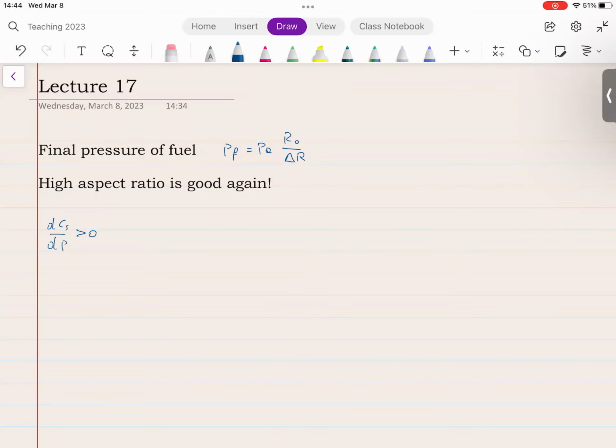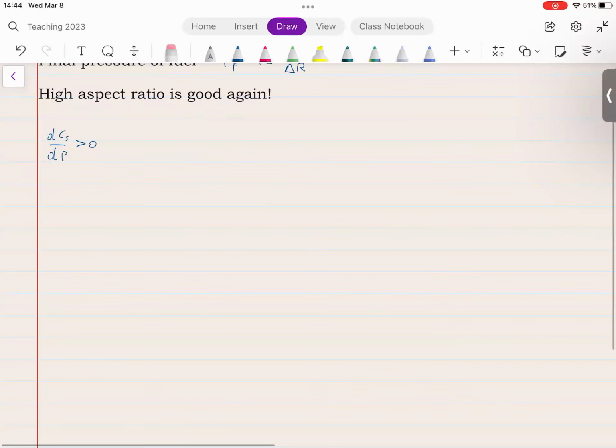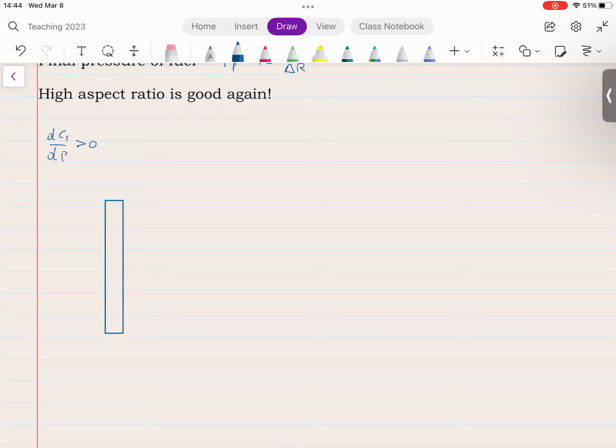And let's see if I can make a little sketch. Here we have a shock wave that comes in, say it goes through my material, and then it keeps going.